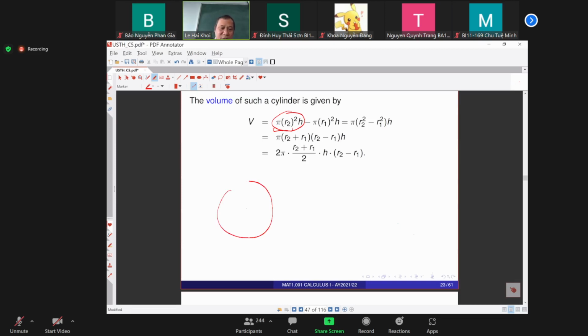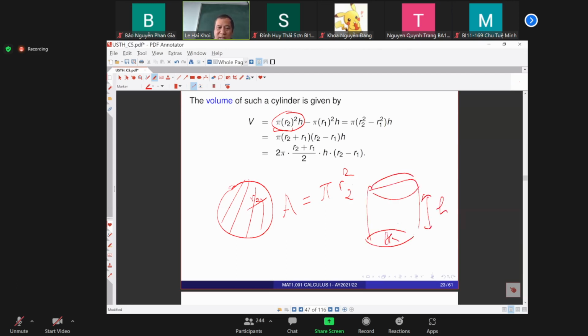This is R2, and the area A is pi R2 square, and then multiply by h. This is the integral.